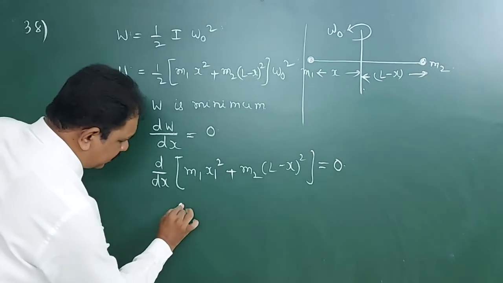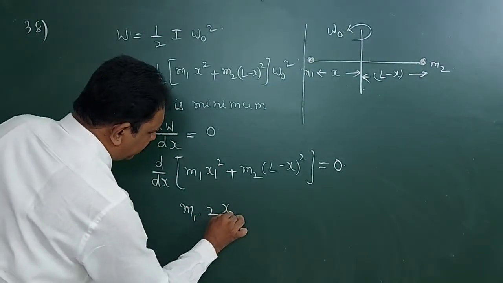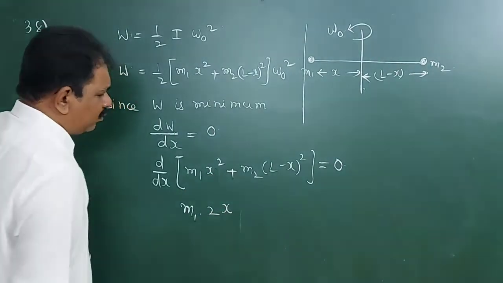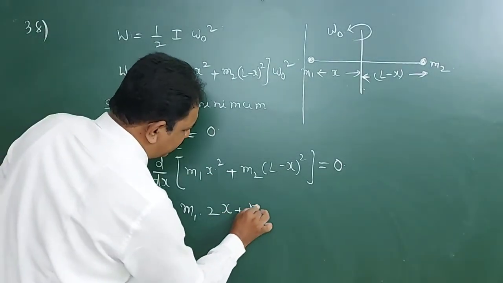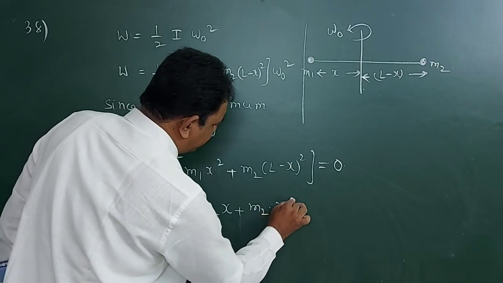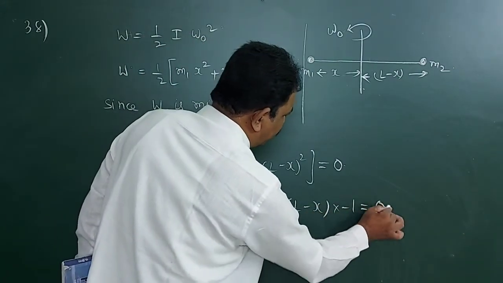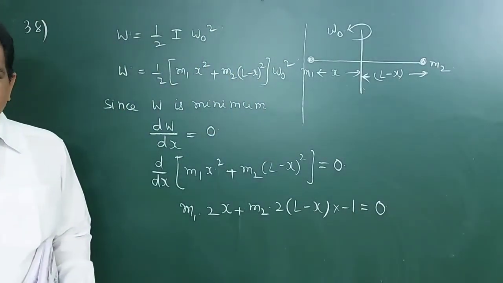So differentiation: m1 into 2x plus m2 into 2 into L minus x into minus 1 is equal to 0.